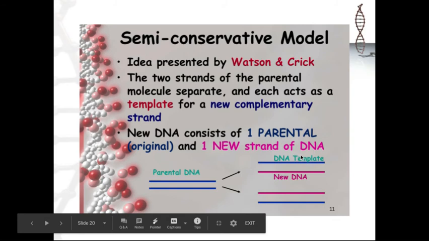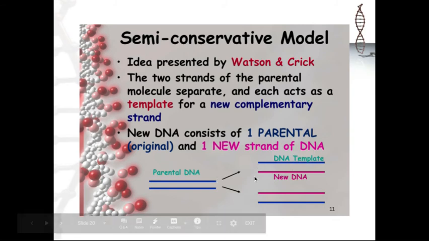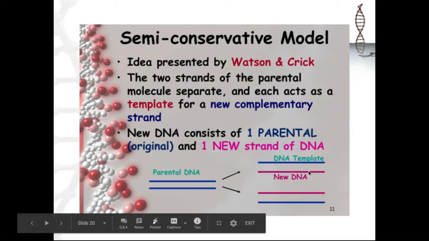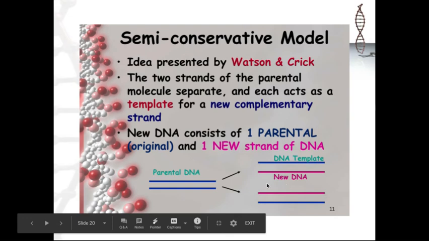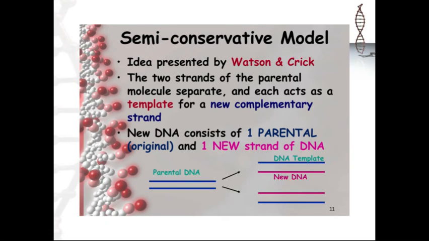Your new DNA here has the top copy in this picture of the original DNA, and the new DNA formed by nucleotides that came in. And this second DNA has the bottom parental strand, and this pink one formed by matching complementary nucleotides that were floating around. So you started with one, you end up with two, and each of the new ones has one original parent strand, or side, I'll call it.